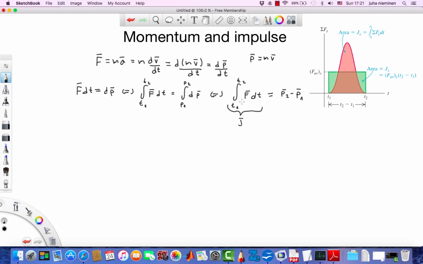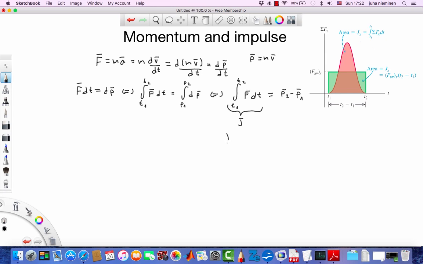Here's one way how we can evaluate this integral. So if we plot the force F as a function of t, then the integral is just the area under the red curve in this case. If we are in a lucky position that the force is constant, then the F comes out of the integral.